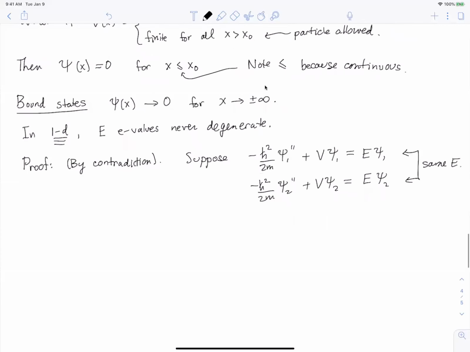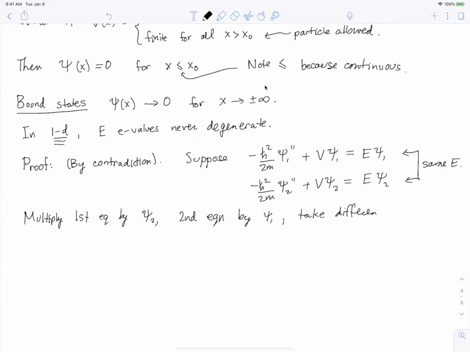Okay, and now we're going to take those two equations. We're going to multiply the first equation by psi2 and the second equation by psi1 and take the difference. When you're doing proof by contradiction, it's always the strategy to write them down and then take the difference.